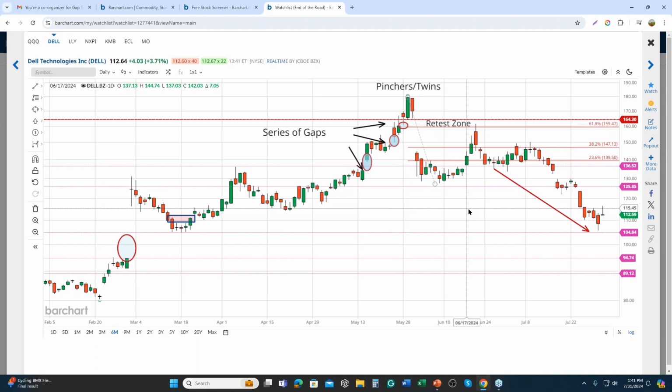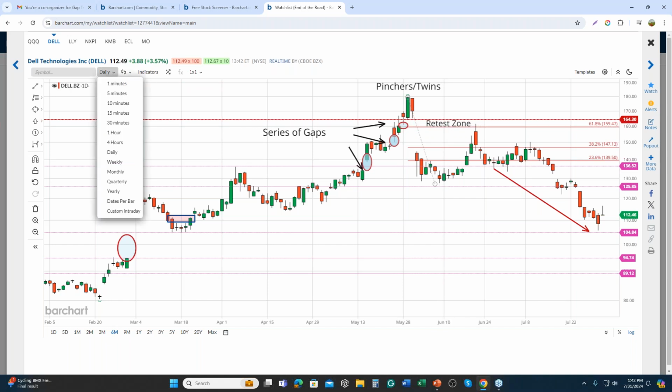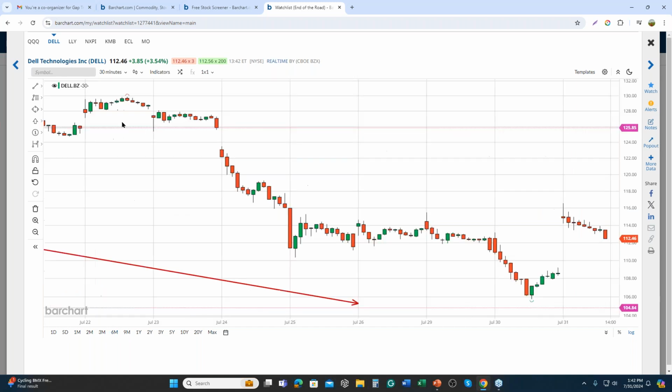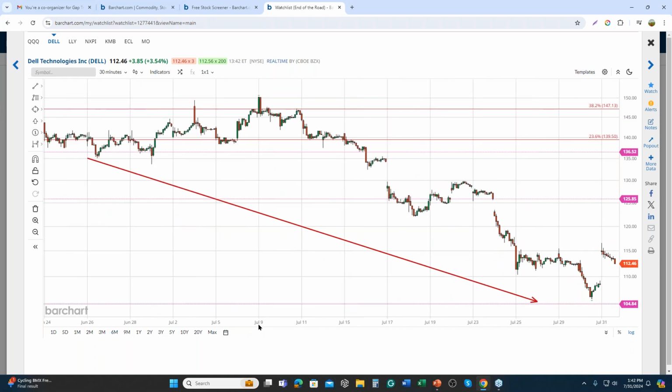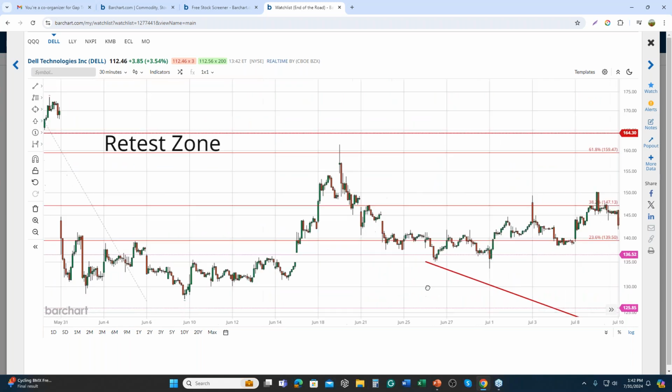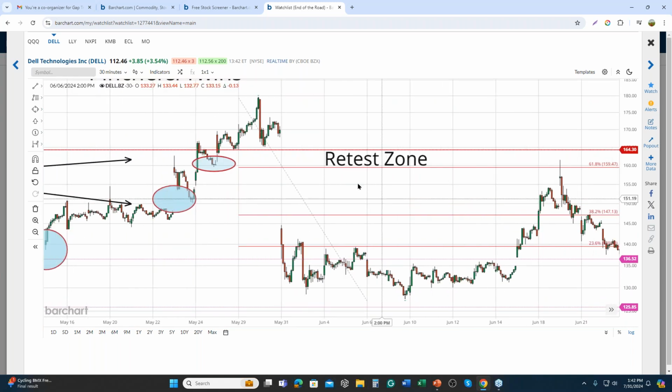So now I see that price has returned to an area where I believe it's going to falter around that Fibonacci retracement. But also, if I think about those previous levels of support that are now going to become resistance, this right in this area would be a level of support.